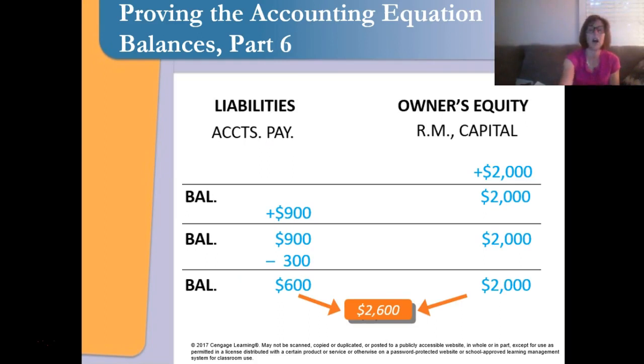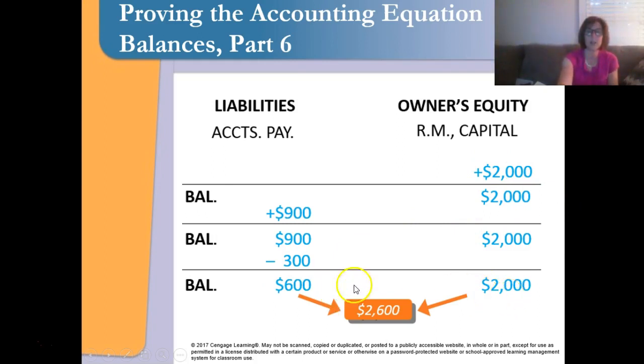On the right side of the equation, again, we started with no liabilities. Then we have a $900 liability as a result of some equipment we bought. But then we made a payment on that of $300, so we have an ending liability balance of $600. We still haven't touched our original owner's equity account of $2,000.